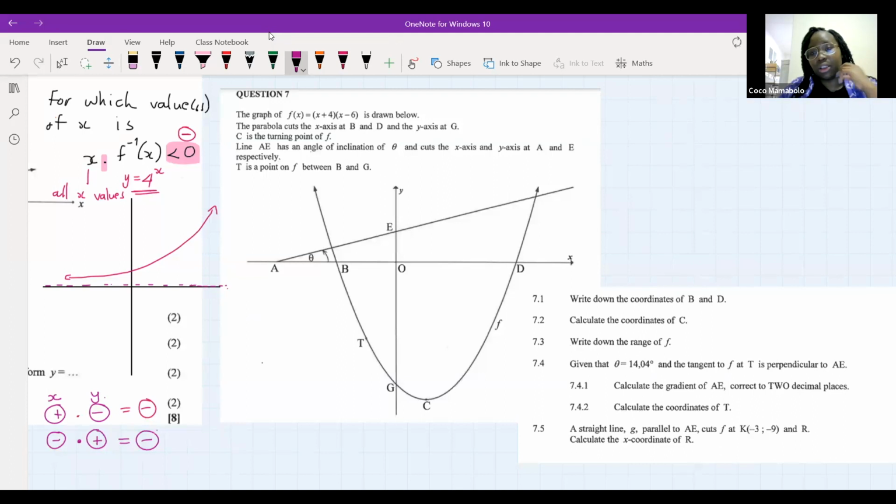Okay, excellent. So what we now want to find is parts of our graph where the x values are positive and my exponential graph is negative, or a part of my graph where my x values are negative and my exponential graph is positive.